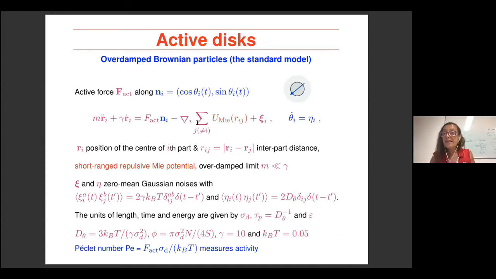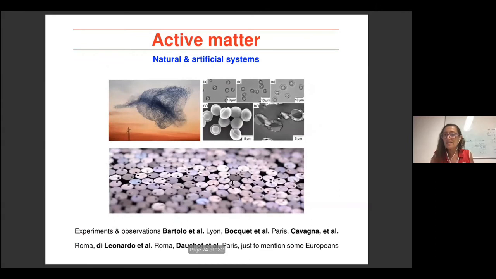This term here is just some potential force, which is derived from some potential of interaction between the particles, and you have freedom to choose this potential of interaction. Typically for these problems, the relevant potentials are repulsive and very hard potentials. In the granules, this is quite obvious because one cannot penetrate the other one.